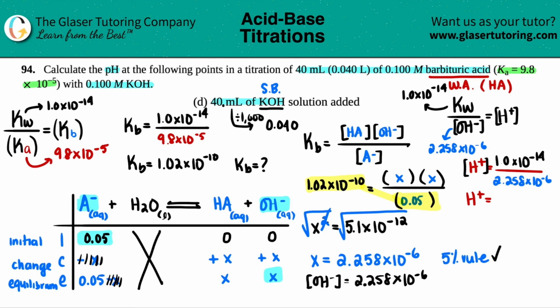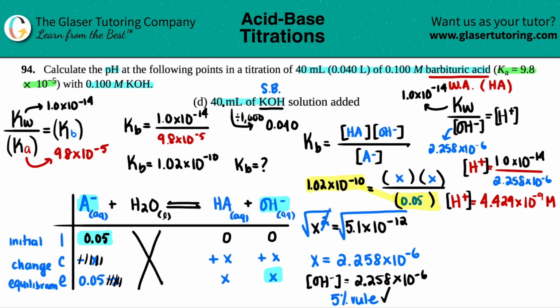I get roughly 4.429 times 10 to the negative 9th. And that is now the molarity. We still got to find the pH, but we're getting there, guys, right? Let me just drop this down because we're coming down to it.